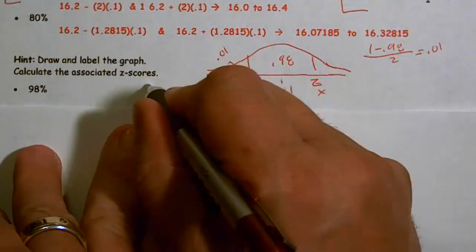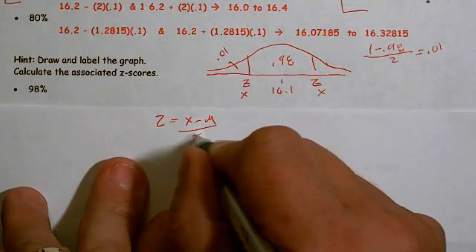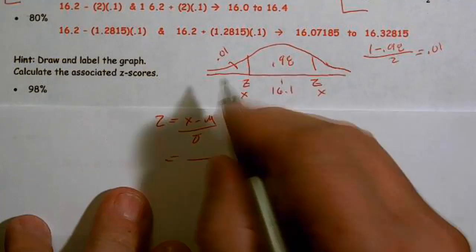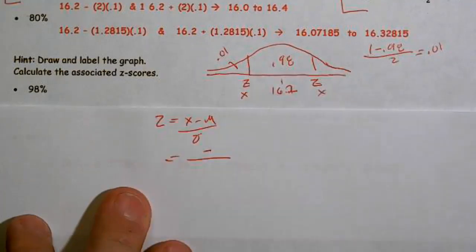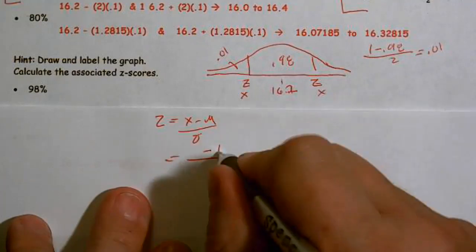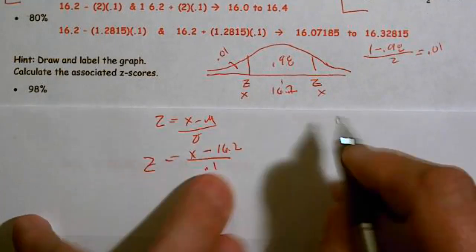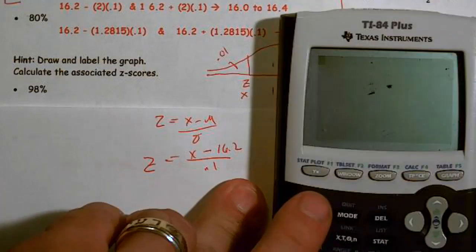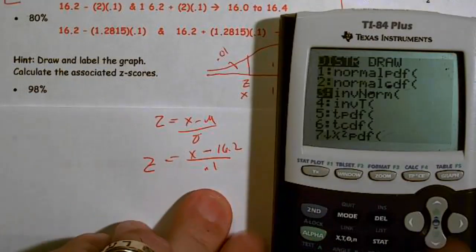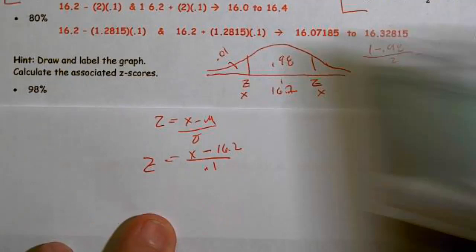And so z equals x minus mu over sigma. I keep putting that in the wrong spot. So minus 16.2. This is 0.1. We're looking for x. This is z. When I go about doing the lower side, second vars, inverse norm, and they ask for an area of 0.01, we end up getting 2.326.